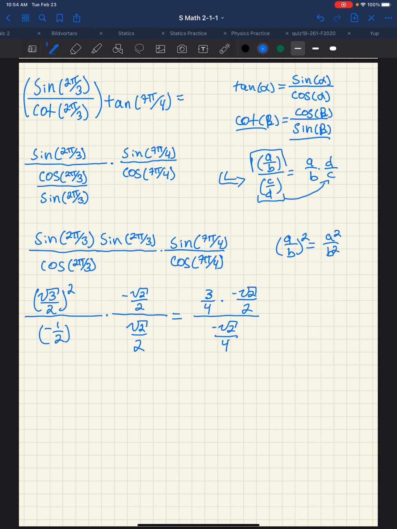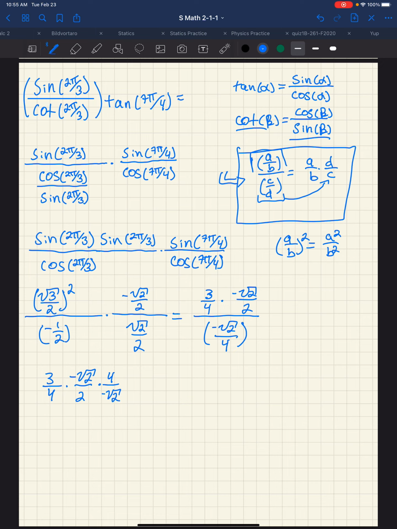Okay, well, here I see we have another fraction in the denominator, so let's get rid of the fraction in the denominator. We will apply this same rule again. So we are going to have 3 over 4 times negative root 2 over 2. And if I flip the denominator, that would be times 4 over negative root 2.